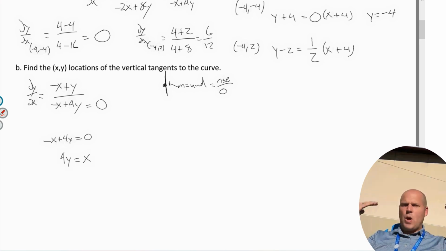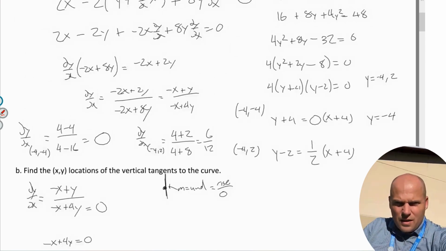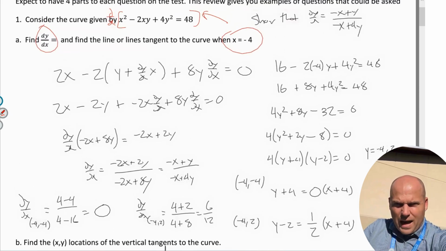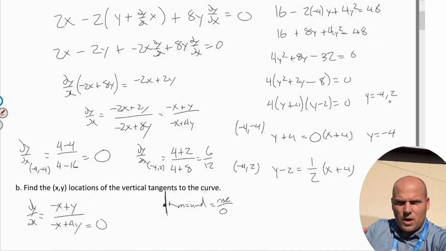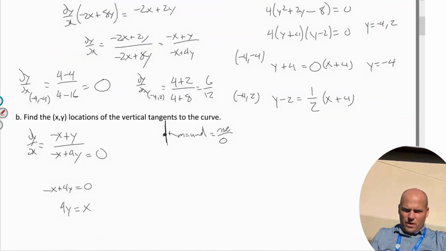Well, don't forget, you have your original equation. Be ready to plug into it. So the original equation, that's another thing. Don't forget to go back and look back at all the stuff you were given. So x squared minus 2xy plus 4y squared equals 40.